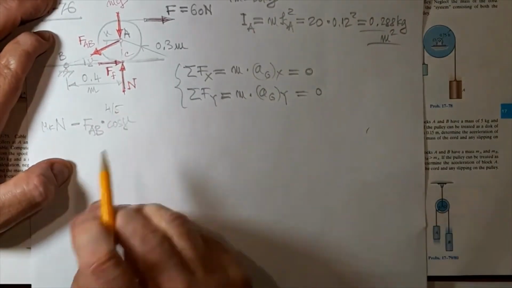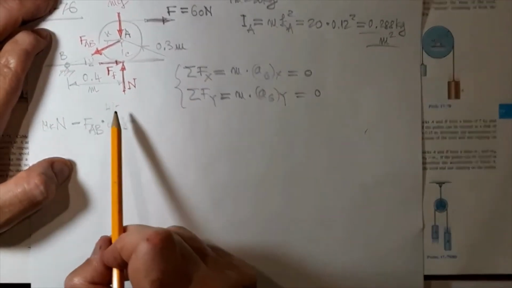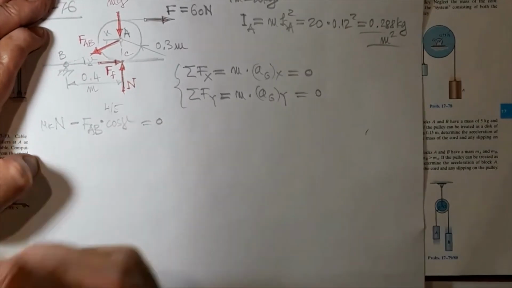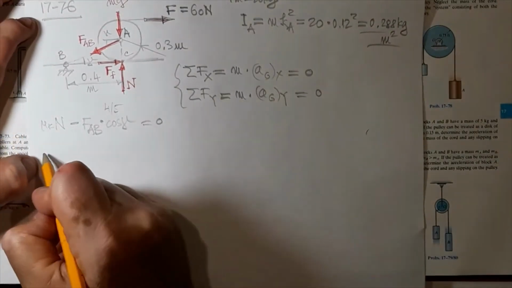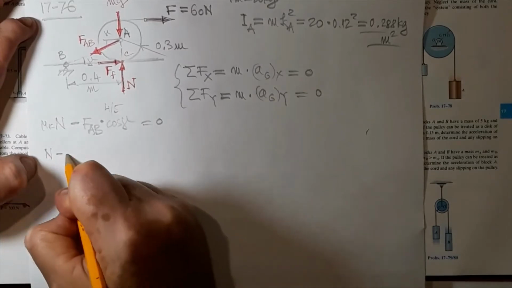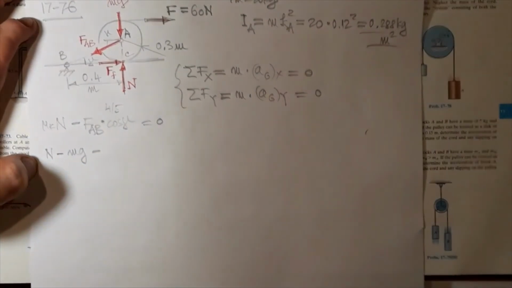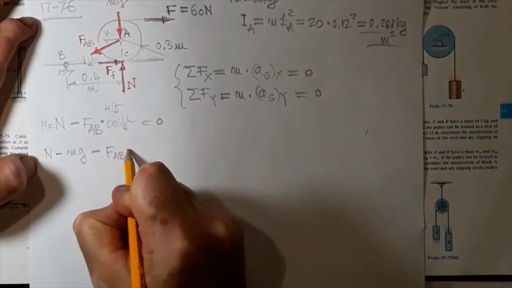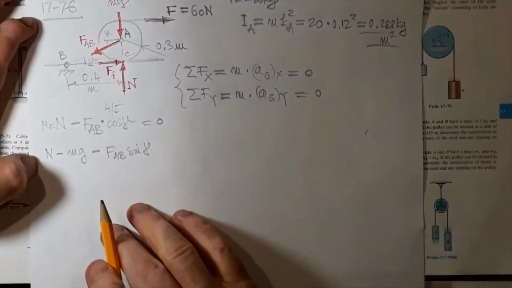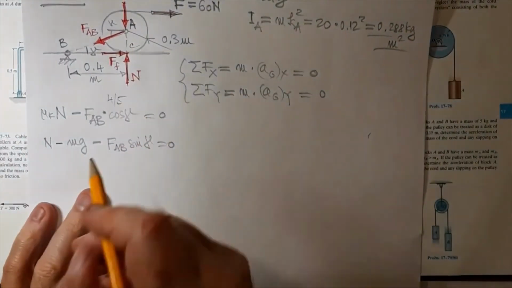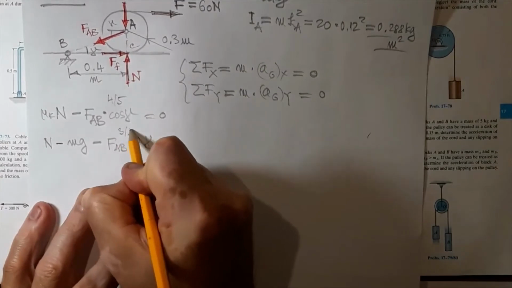Then in the vertical direction, I have normal force minus mg, and then minus FAB sine gamma equals 0, and sine gamma is 0.3 over 0.5, that is 3 over 5.